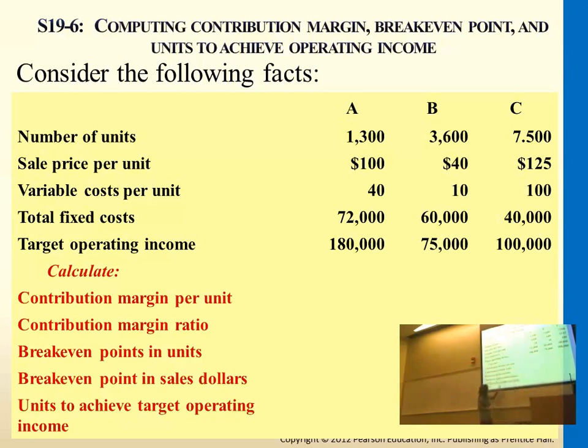Try to calculate at least the first 4; we can go over target operating income a little later. First, the contribution margin for every unit, then the ratio relative to sales, break-even point in units, and break-even point in sales.